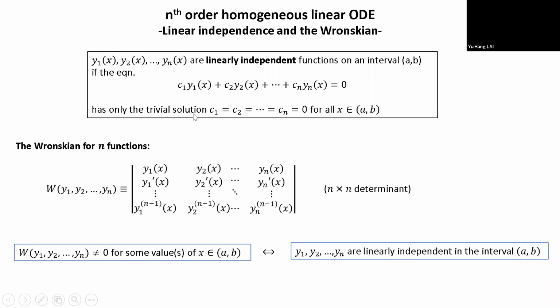And now remember the Wronskian that we used for these two functions. Remember that in the case of two functions, the Wronskian doesn't seem to bring us much convenience, because if you have two functions, you just see whether they are scalar multiples of each other, then you know whether they are linearly independent or not.